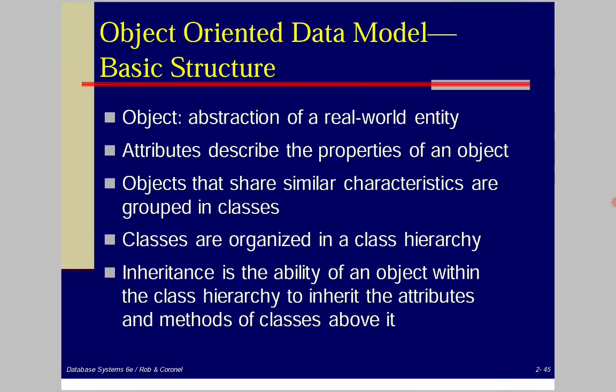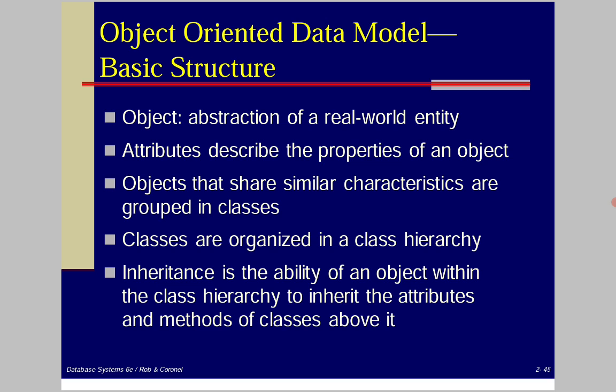In the object oriented data model, different terminology is used: object and attributes. An object is an abstraction of a real world entity. Attributes describe the properties of an object. Objects that share similar characteristics are grouped in classes.